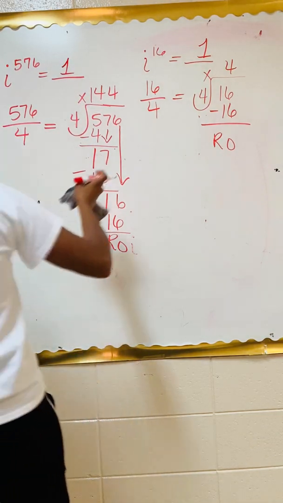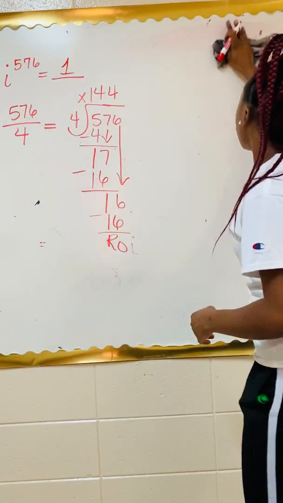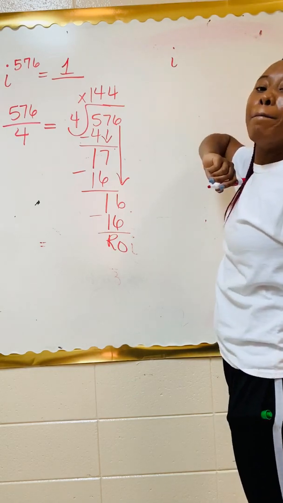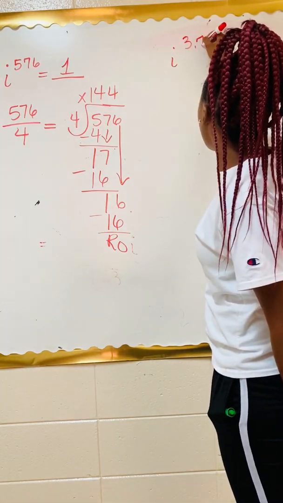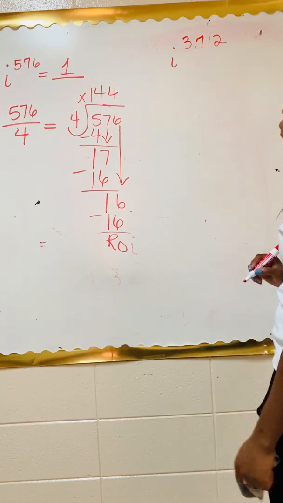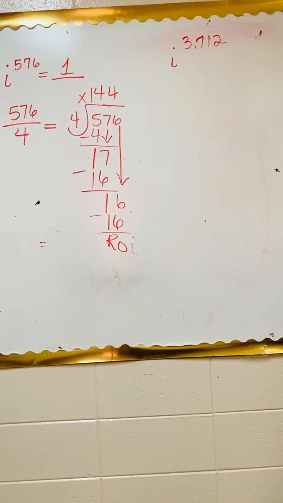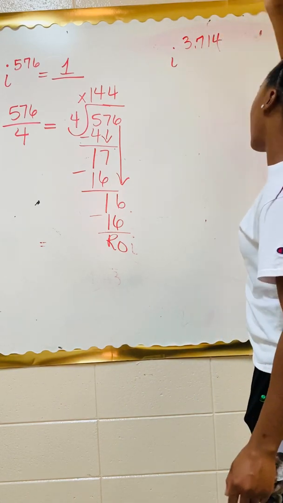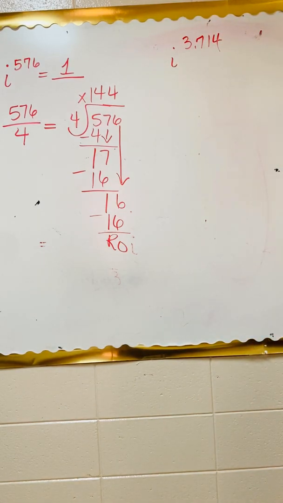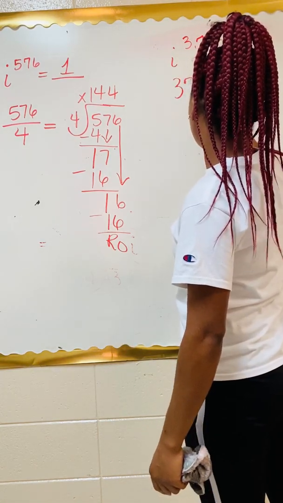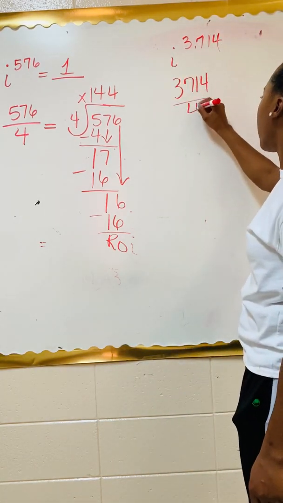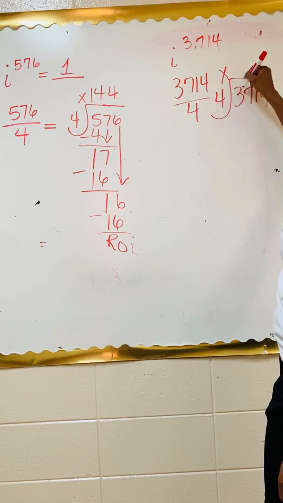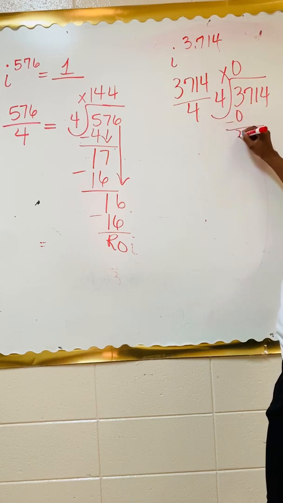I'm going to keep that up there and add a couple of digits to it. No, I'm going to make it even bigger. So we're going to do 3,712. Actually, I'm going to change this to a 4. So you're going to take 3,714 divided by 4. 4 is your divisor, 3,714 is your dividend. 4 goes into 3 0 times. Subtract, you get 3.